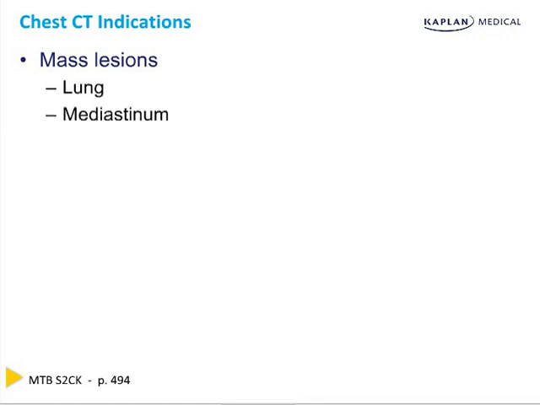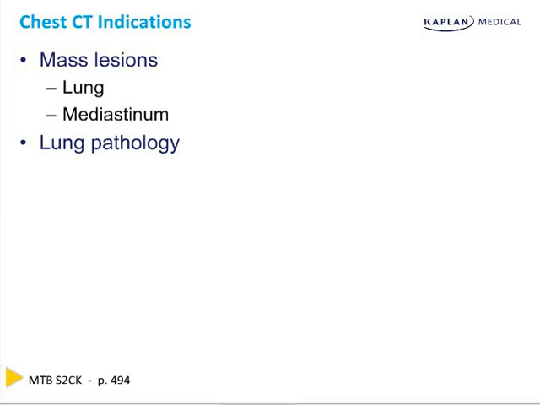Furthermore, the 4 T's of mediastinal masses, thymoma, teratoma, thyroid tumors, and terrible lymphoma, should also be imaged with CT before they are biopsied. Diseases of the lung tissue itself should always be evaluated with CT.